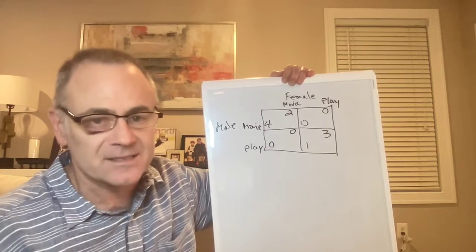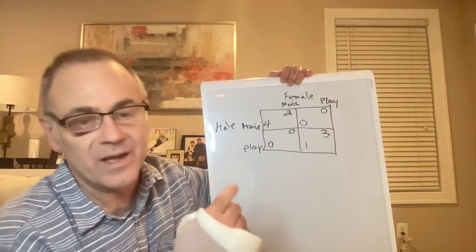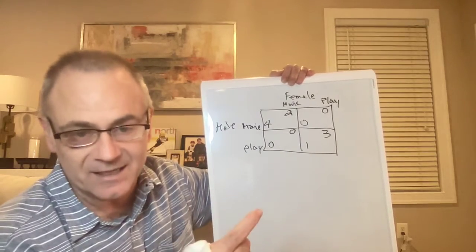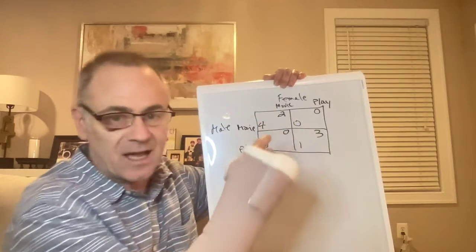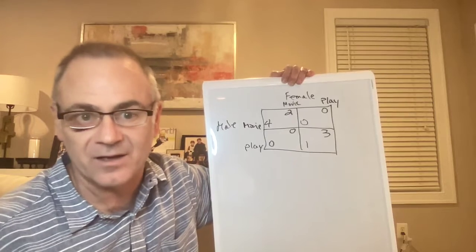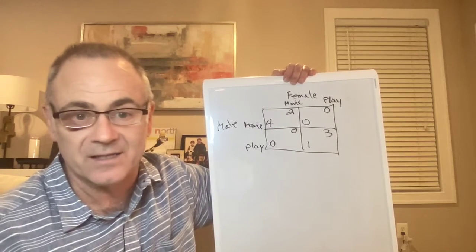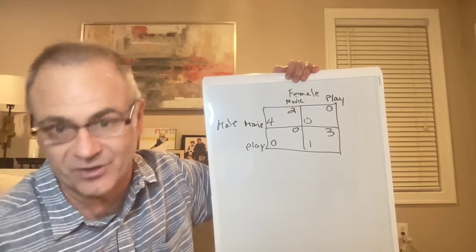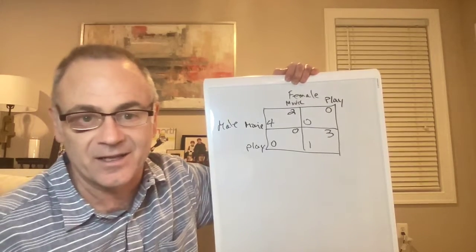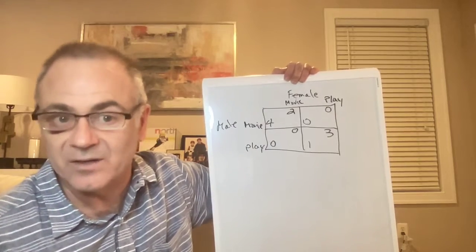But the key is, if the female is going to be randomizing, she must not have any strict preference over movie and play. She must be indifferent between going to movie or play. Otherwise, she would not want to randomize. She would want to pick one of them for certain, the one that gives her higher utility. But if they both give her the same utility, she's willing to randomize.